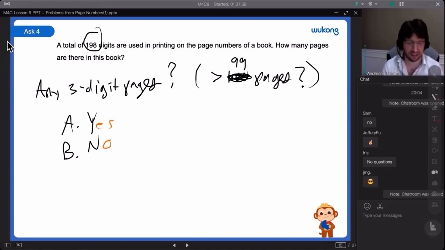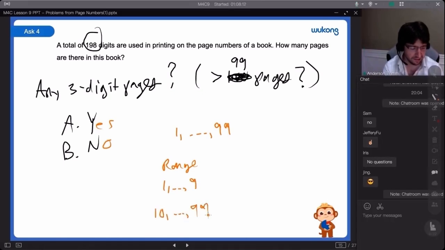So let's think about how many pages would be used from 1 through 99. Going back to the beginning of class, the range from 1 through 9, and then 10 through 99. So Alice, how many pages from 1 through 9? 9, okay, very good. And from 10 to 99, we saw there was 90.